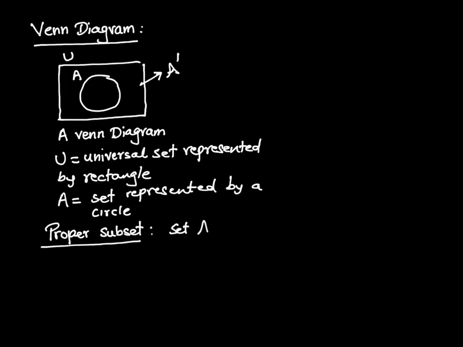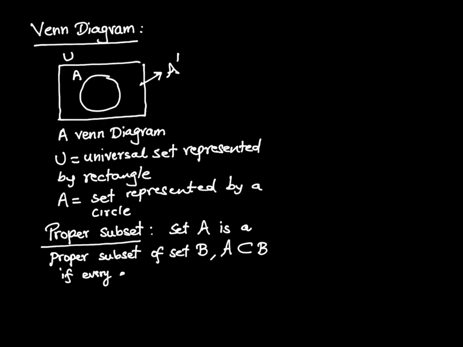So a proper subset: set A is a proper subset of set B if all the elements of set A are in set B. So that's the meaning of a proper subset.